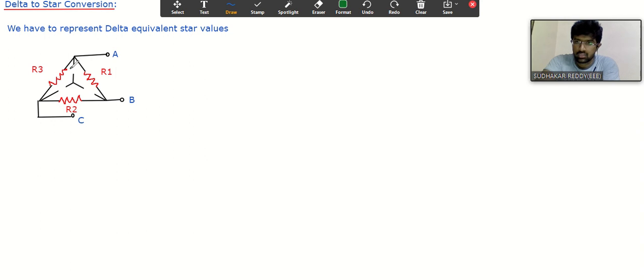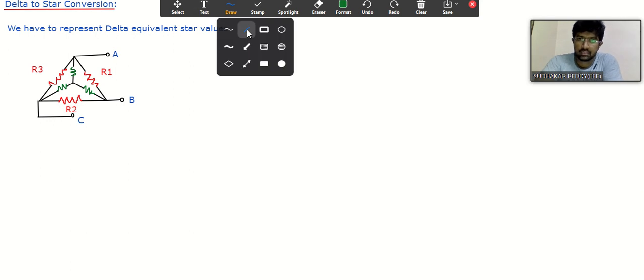And coming to star connection, I consider the star connected resistors as RA, right? Consider that as RB, consider that as RC. So we need to find out what is the value of this RA and what is the value of RB and what is the value of RC. Right, that is the meaning of delta to star connection.